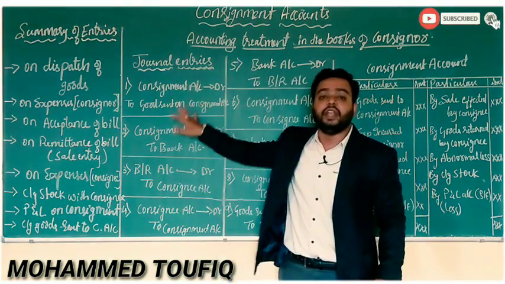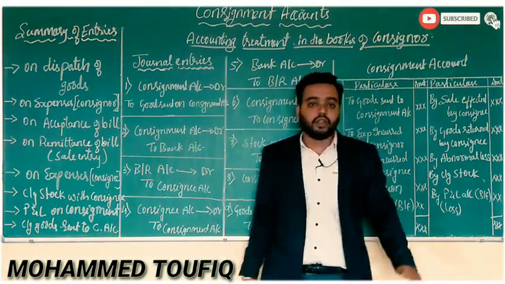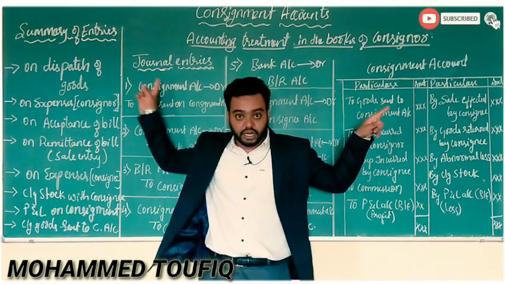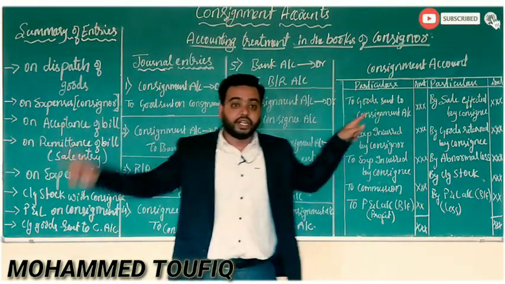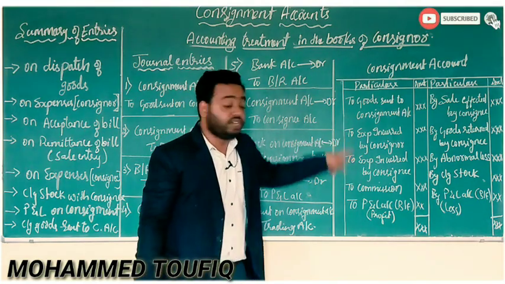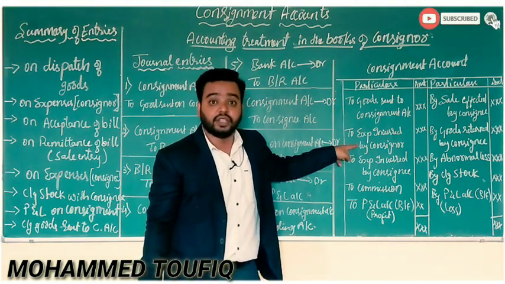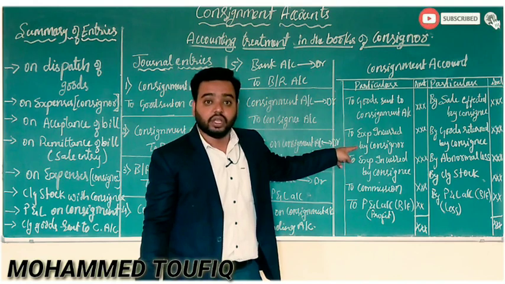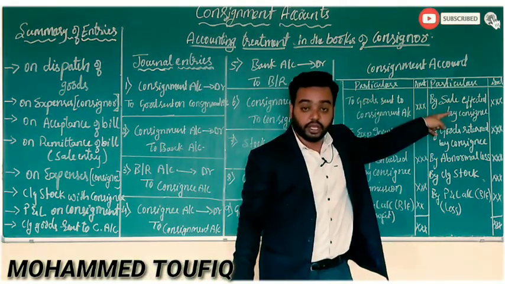The same thing you find in these general entries also, where the first entry in the debit side is the first general entry, and the entries relating to expenses paid are the next general entries, which you find in the debit side of consignment account. Sale made is also a general entry here.